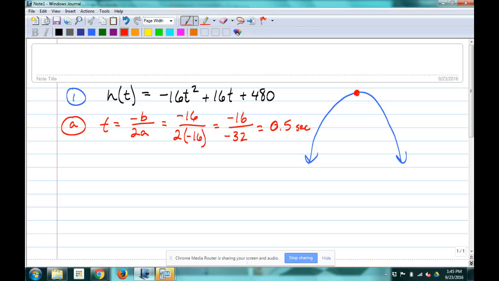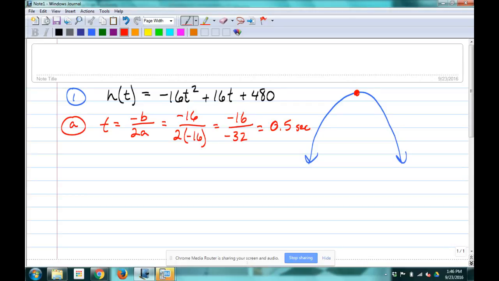All right. Now, the next thing it wants to know is what was the highest point that he reached? So the highest point on that path is the vertex. How do we find the vertex if we have the axis of symmetry?